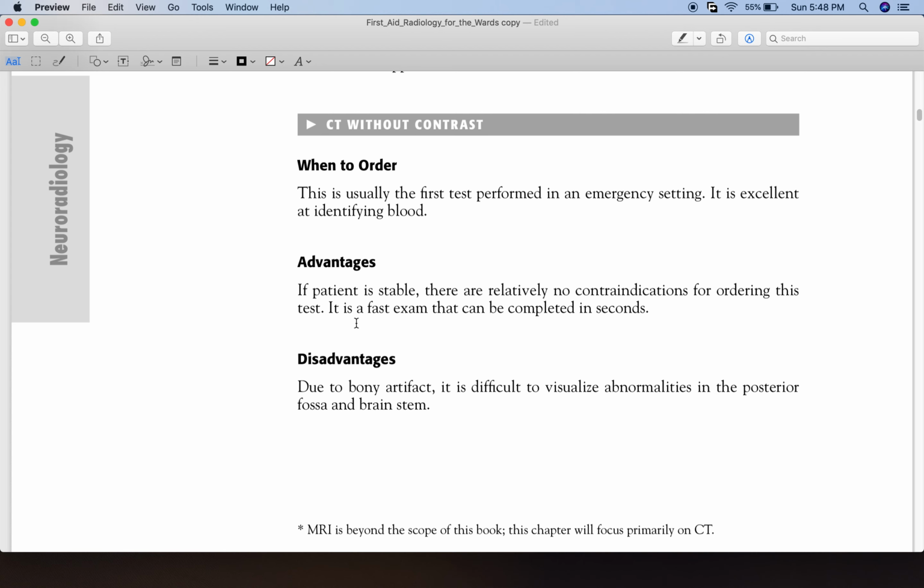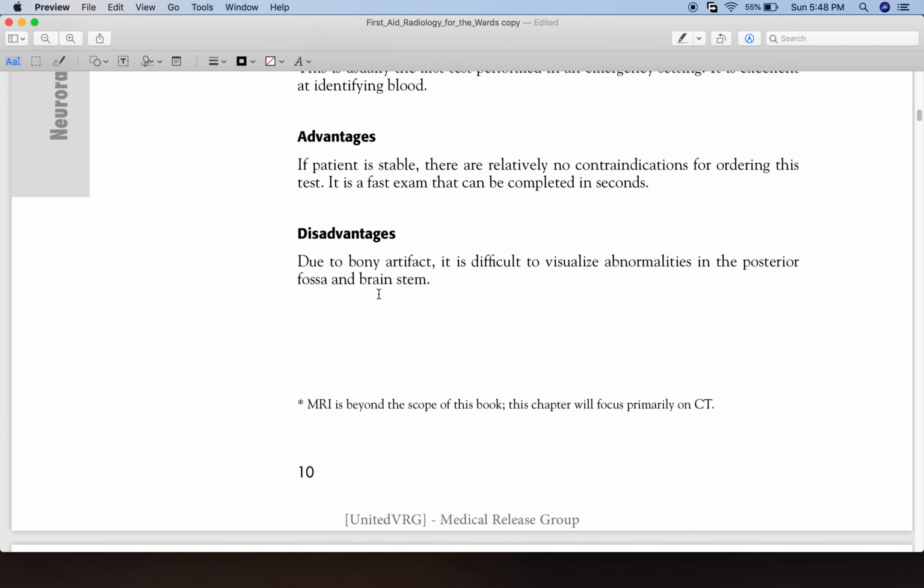It is a fast exam that can be completed in seconds. Disadvantages, however: due to bony artifacts, it is difficult to visualize abnormalities in the posterior fossa and the brainstem. However, for this, we can use the MRI if we want to visualize the posterior fossa or the brainstem.